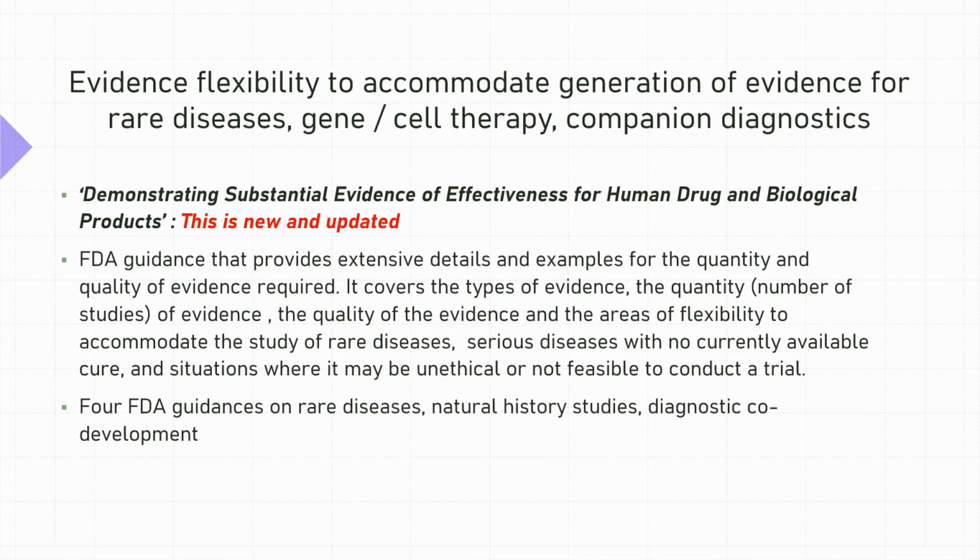It may be hard to have more than one study. So it speaks to the replication of evidence. It speaks to the quality of evidence, and where there are areas of flexibility to accommodate the study of rare diseases, serious diseases with no currently available cure. And there are 4 FDA guidances on this particular topic.